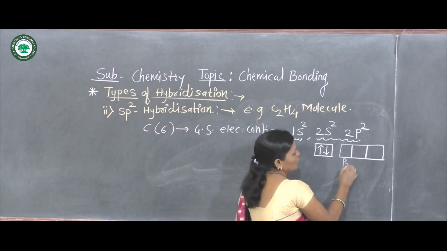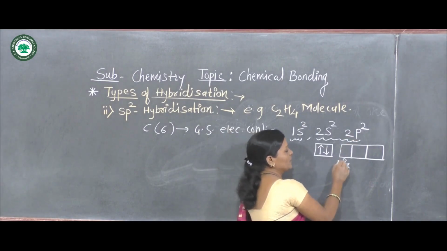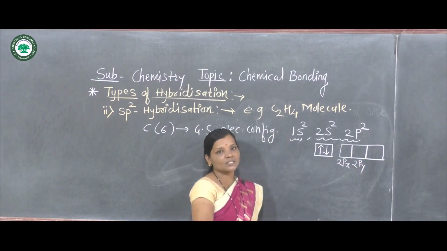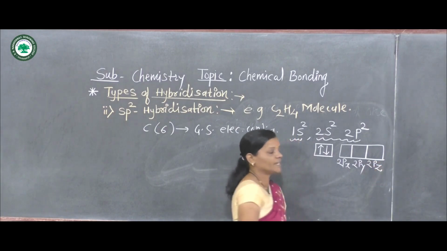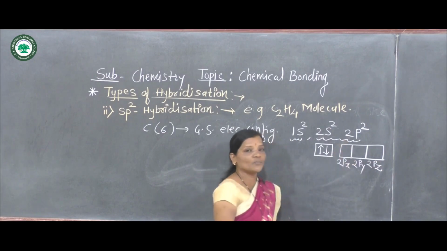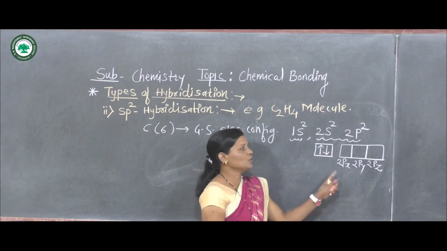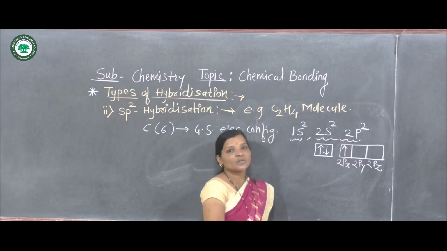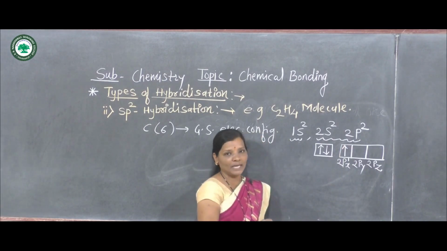The orbital which lies along x-axis is called px. Here 2p orbitals, so 2px. The orbital which lies along y-axis is called py orbital, and the orbital which lies along z-axis is called pz orbital. And here the valence shell electronic configuration is 2s2 2p2, and the 2p2 electrons, according to Hund's rule, one electron goes in 2px orbital and hence the configuration becomes 2px1.